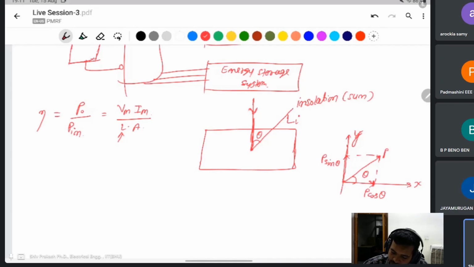The same thing you can apply here. The side of the angle is the cosine. Sorry, Li cos theta. The normal to the surface is Li cos theta. It depends on the angle theta, the irradiation angle, the angle at which the sun strikes the PV panel.